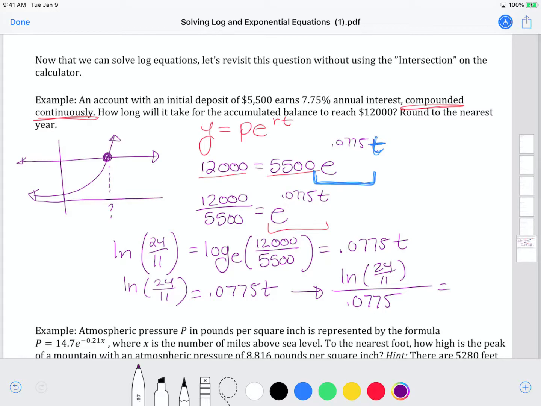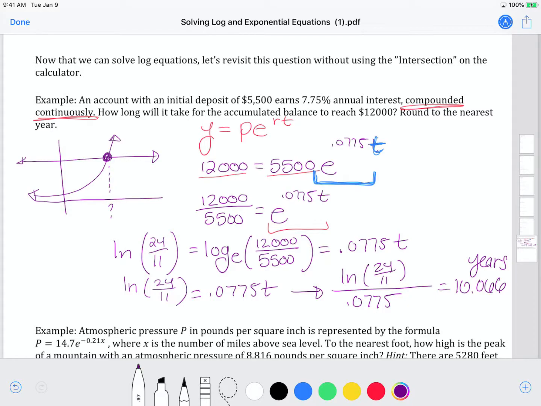That answer will give you 0.78015, etc. And then you take that answer and divide by 0.0775, and you get 10.066 years. So just a hair over 10 years is how long it's going to take for 5,500 to grow to 12,000 under these circumstances of compounding continuously at a rate of 7.75%.